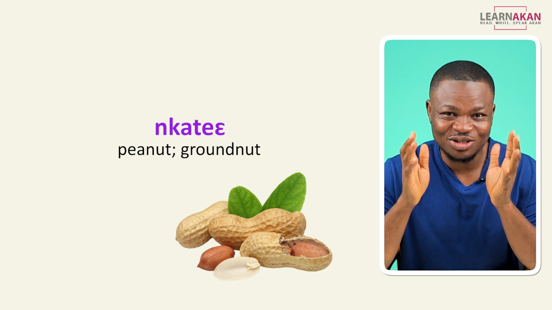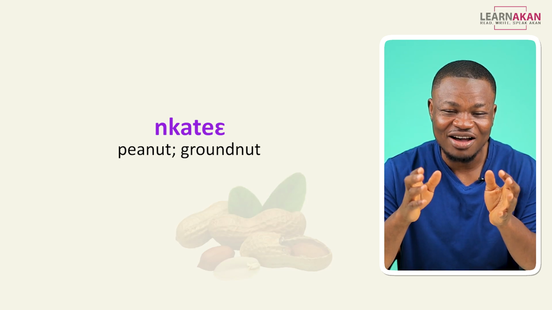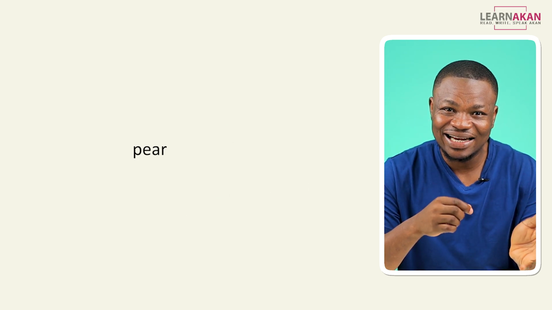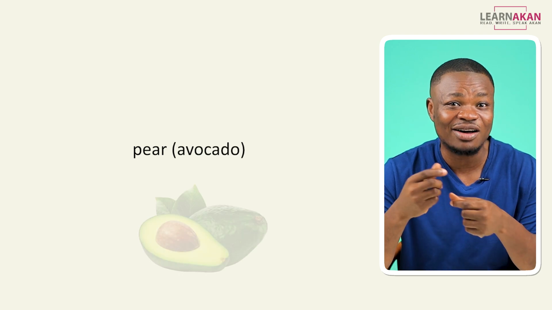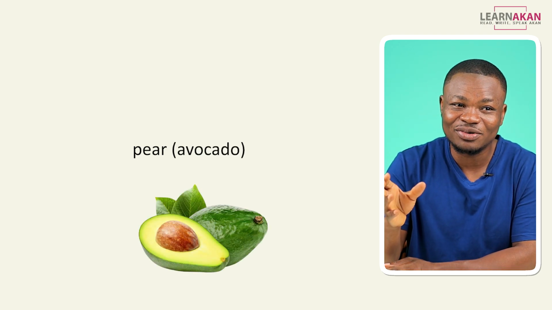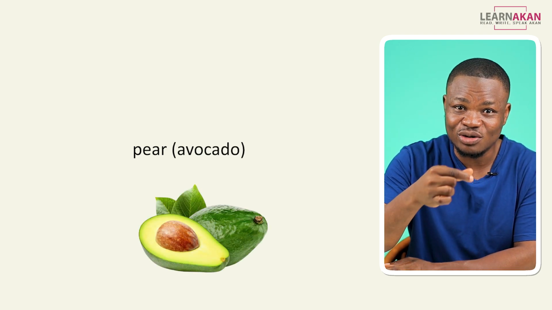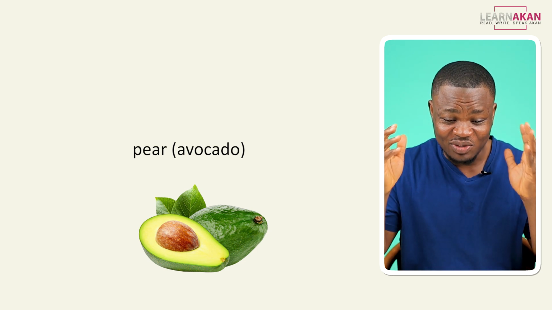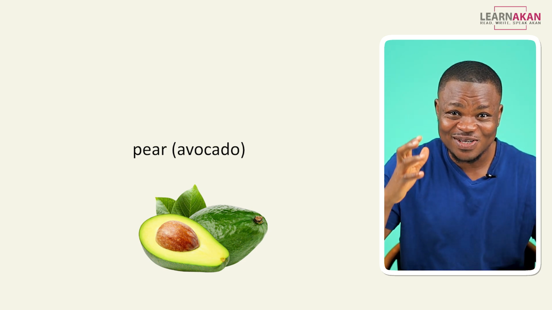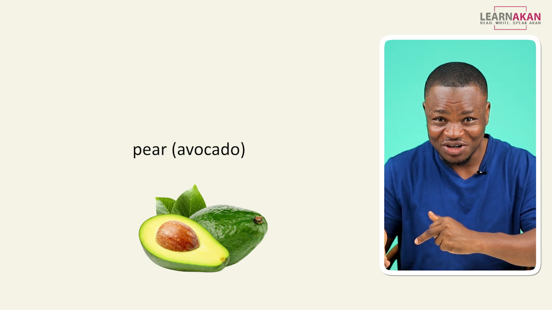The next one is actually interesting. So we have pear, but in Ghana, when we say pear, we actually mean avocado. I don't know how we ended up with pear being used to refer to avocado, but in Ghana, if you hear pear, we are most likely referring to avocado, all right?